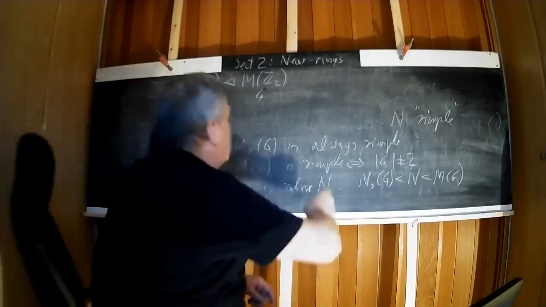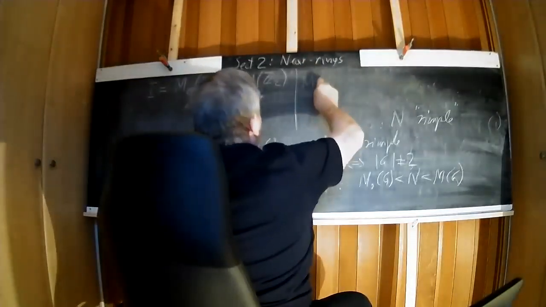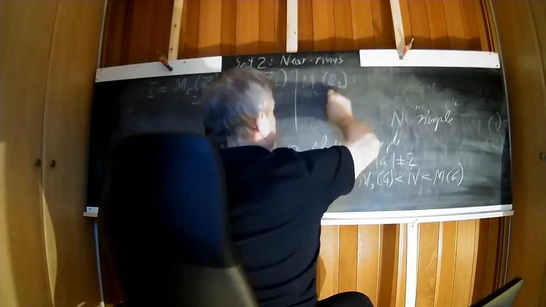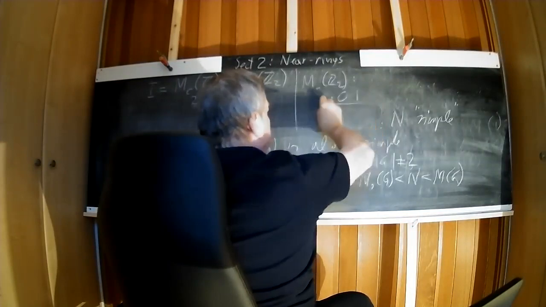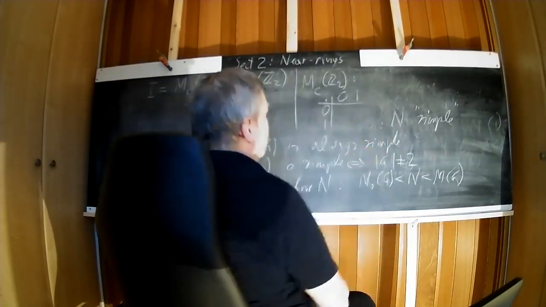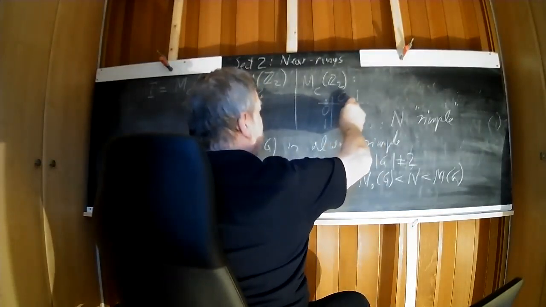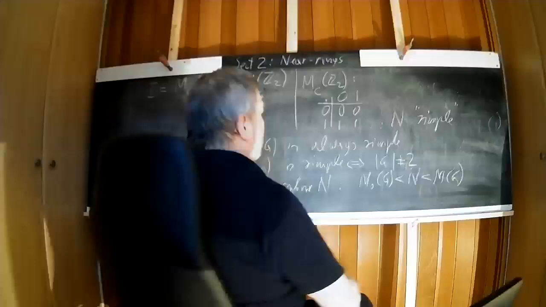The multiplication of M sub C of Z2 is the following: we have 0, 1, 0, 1, and the product is always the first element. So it's always here 0, 0, and here 1, 1.